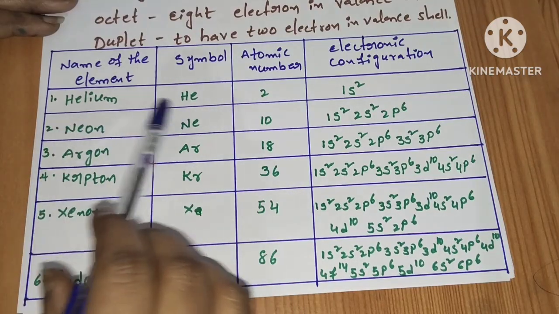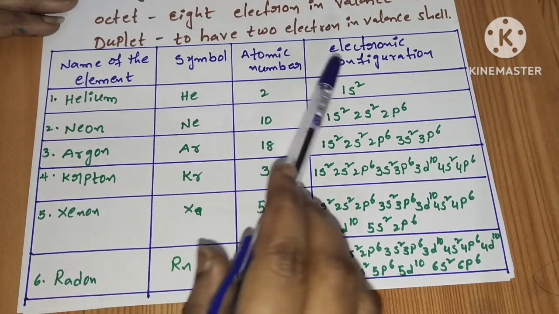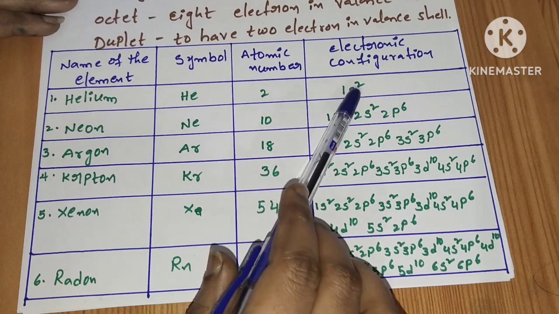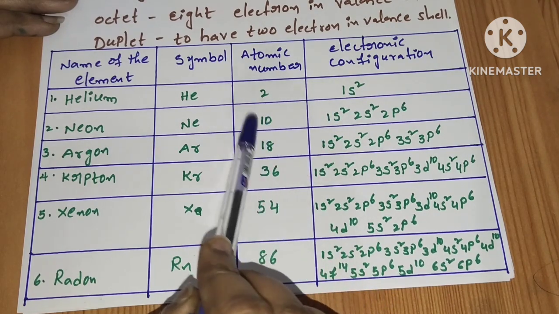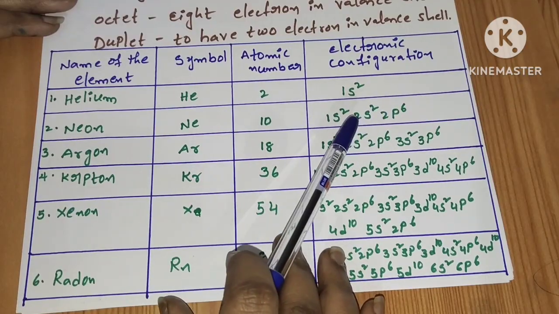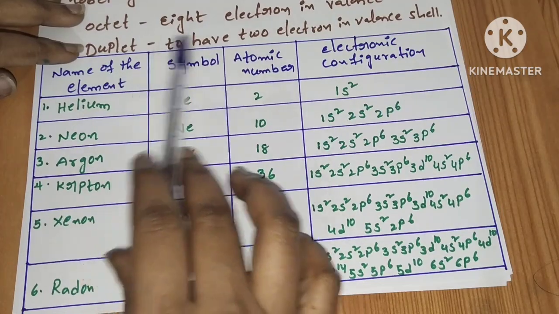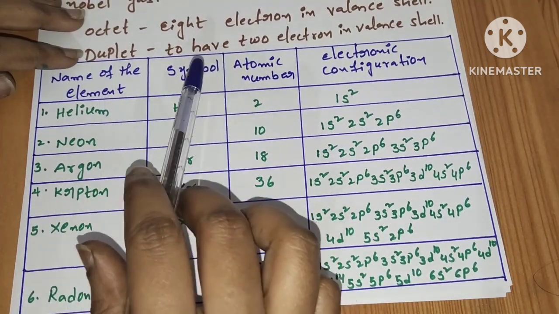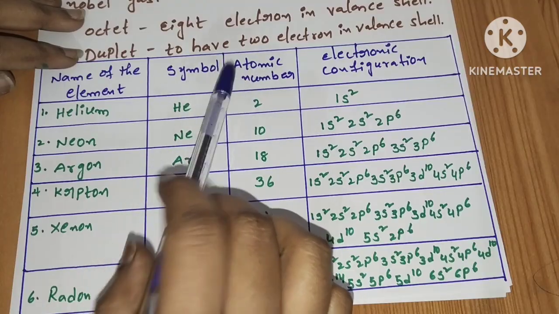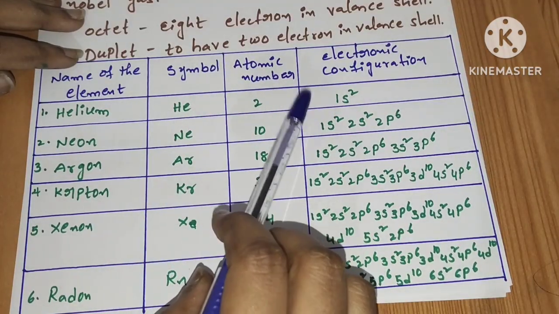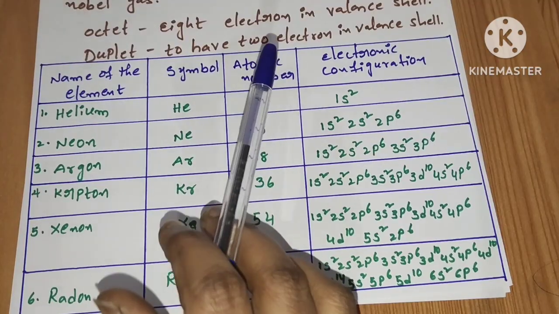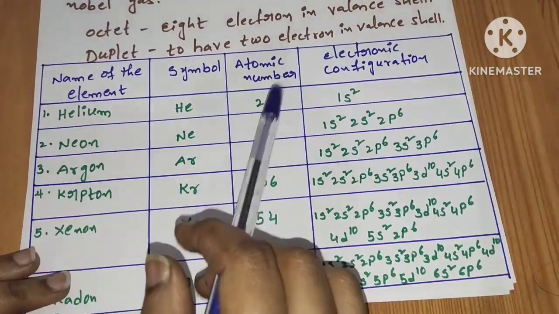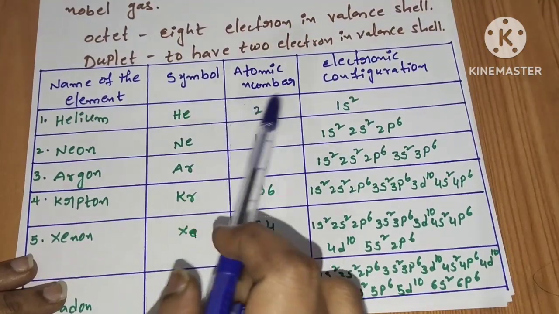In the case of helium, its duplet is complete, hence it has no tendency to form a bond. Now, each and every metal and non-metal wants to attain this noble gas configuration through the transfer of electrons to form an ionic bond, or by sharing electrons to form a covalent bond.